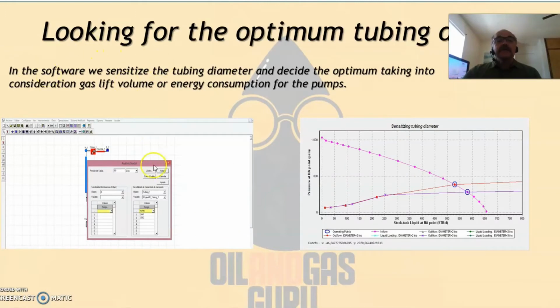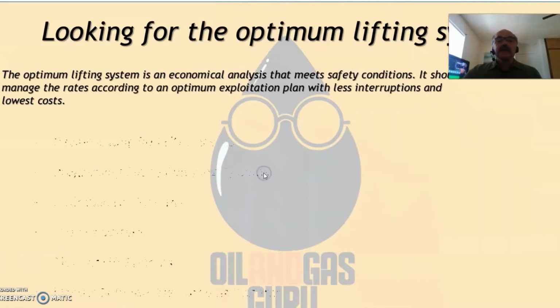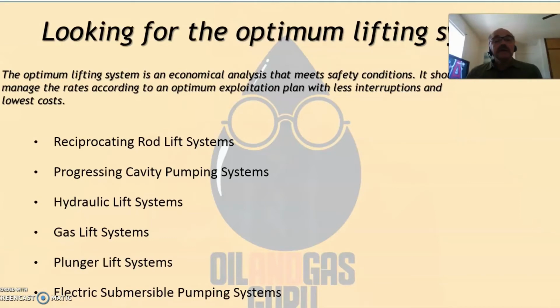The first thing we normally do is get an idea of which tubing diameter we're going to have, right? The software does that for us. Then we go through each one of the lifting systems and see which one applies to our case.